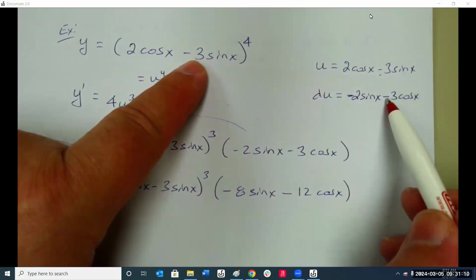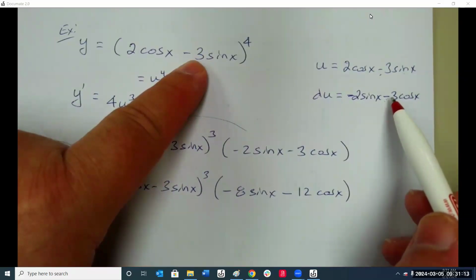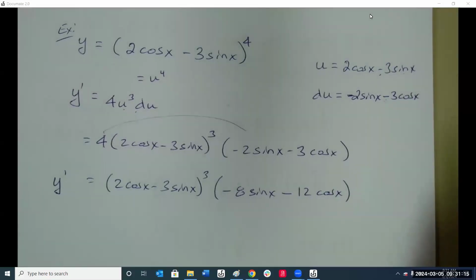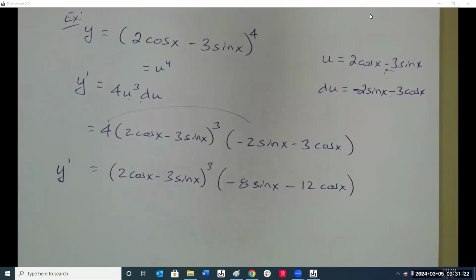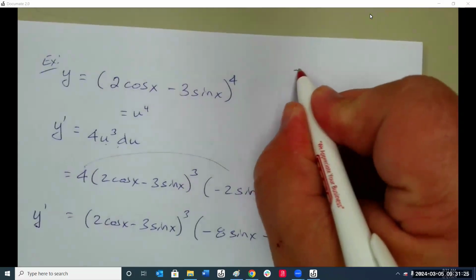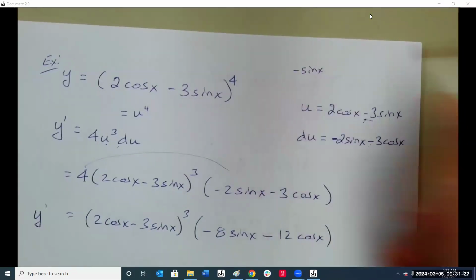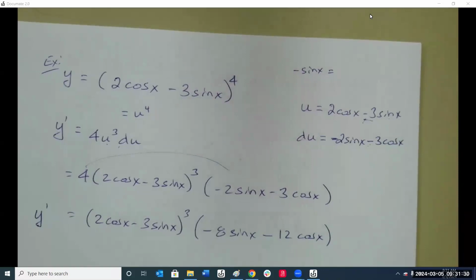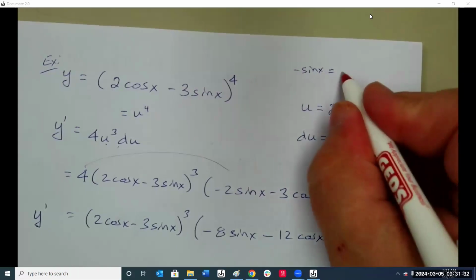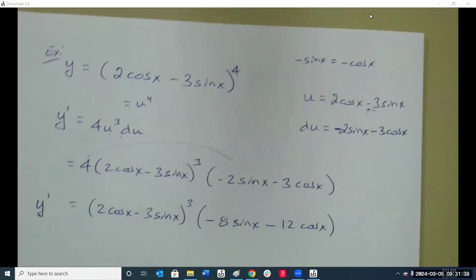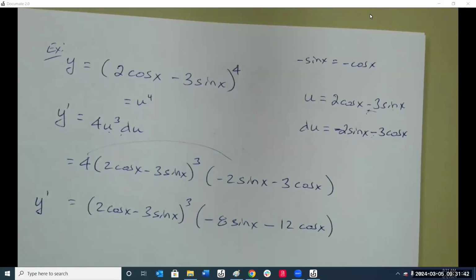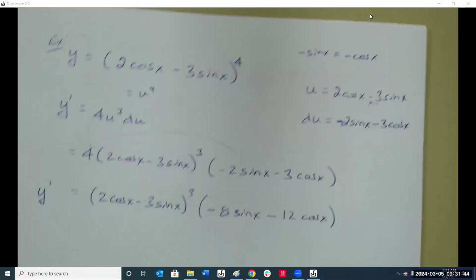And that negative still stays there, because it's actually the coefficient, negative 3 times sine. Even if you did negative sine x, what's the derivative of negative sine? Negative cosine. So it really wouldn't matter. But yeah, leave it with coefficients.